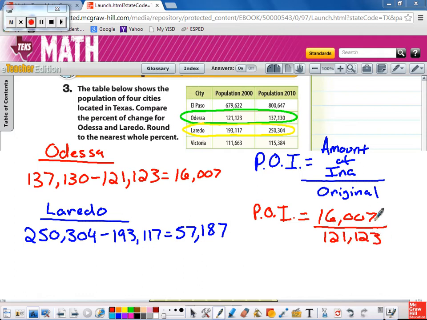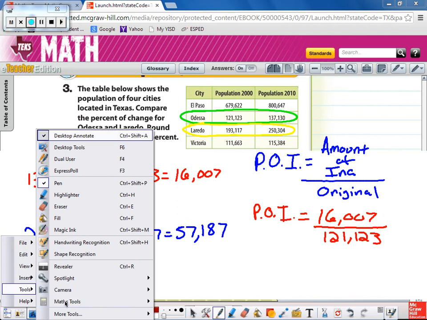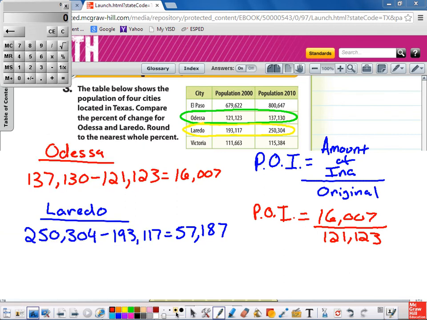So 16,007 divided by 121,123. Let me go ahead and find that for you.